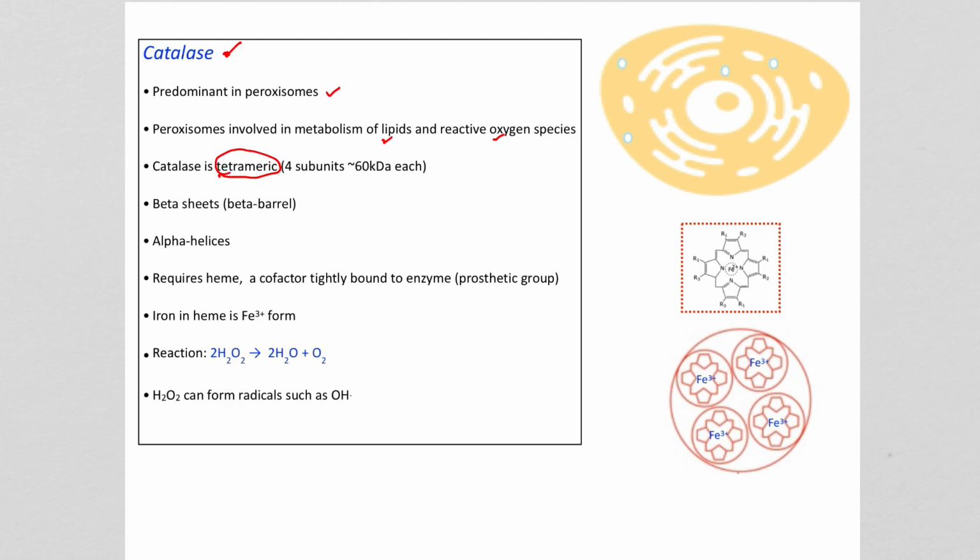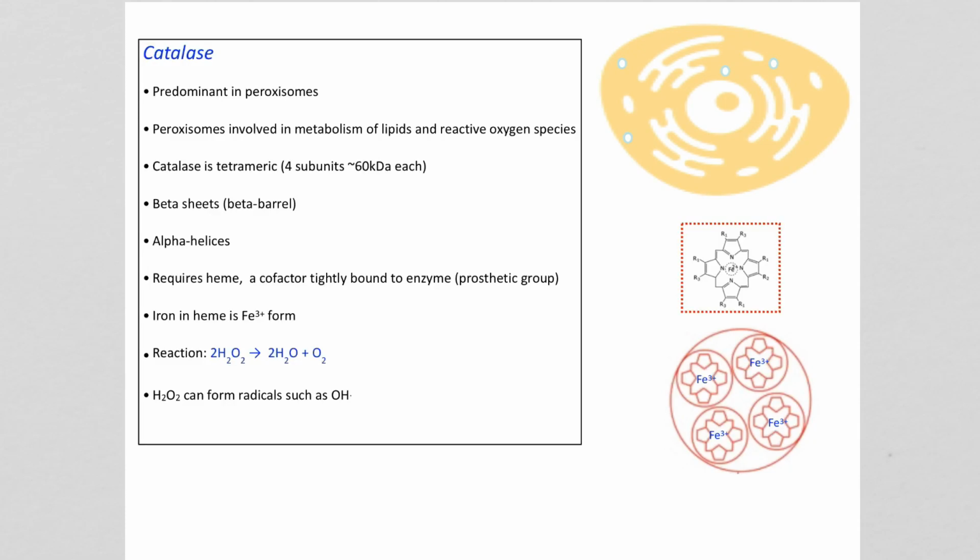That means it's made up of 4 subunits, 4 polypeptide chains, each of molecular weight about 60,000. So that makes this enzyme a pretty big enzyme. The secondary structure of this enzyme also consists of beta sheets as well as alpha helices.